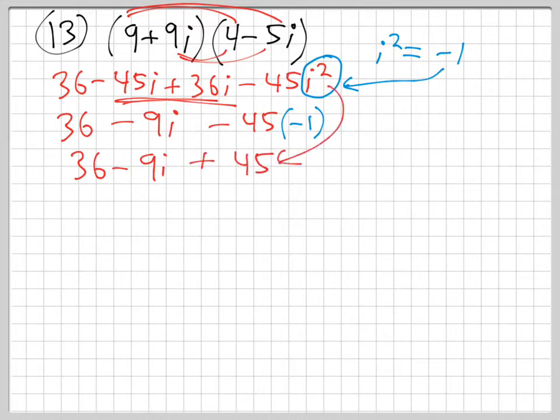And you can just jump right to here if you want. It just always changes the sign on whomever it's with because it's a negative 1. And then 36 and 45 are just plain old numbers. They can add now. What do they make? 81? Yep. 81 minus 9i.